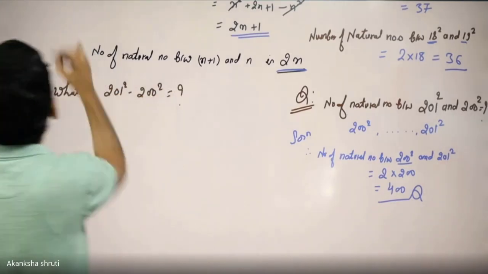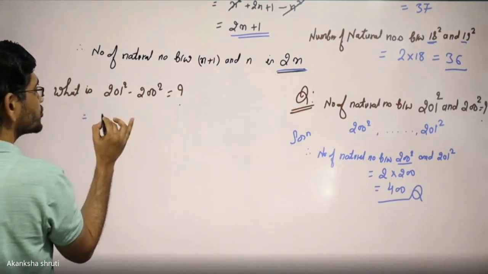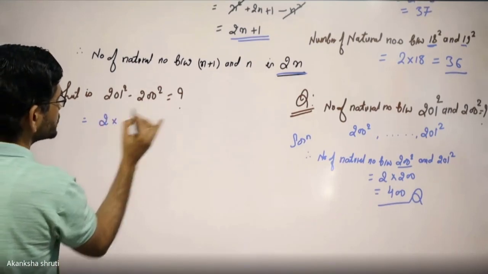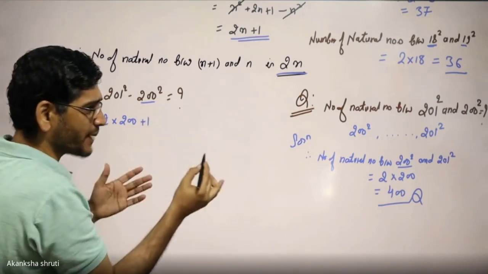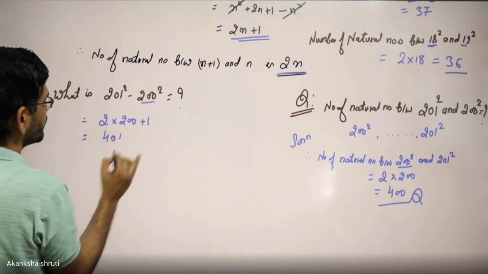If this is the question, then be careful. This value is equal to 2n plus 1. It will be 2 into the smaller number 200 plus 1. One more has to be included. So here it is 401.